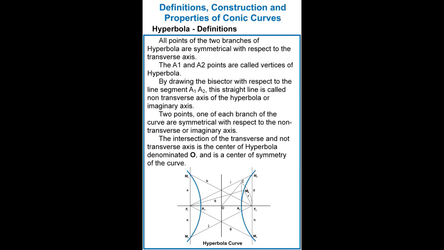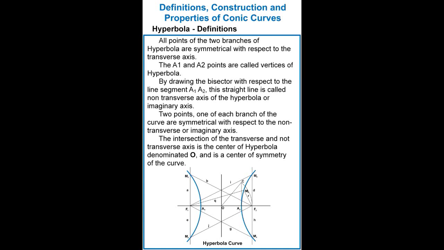In this sixth slide of this second class of Chapter 7, the continuation of the characteristics of the hyperbola is presented. All the points of the two branches of the hyperbola are symmetrical with respect to the transverse axis. Points A1 and A2 are called the vertices of the hyperbola. If the perpendicular bisector of the line segment A1A2 is drawn, this straight line is called the non-transverse axis of the hyperbola, or imaginary axis.